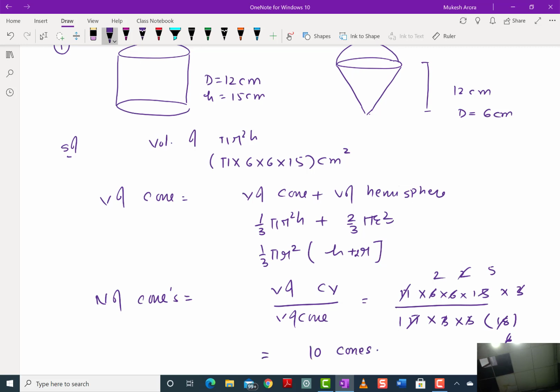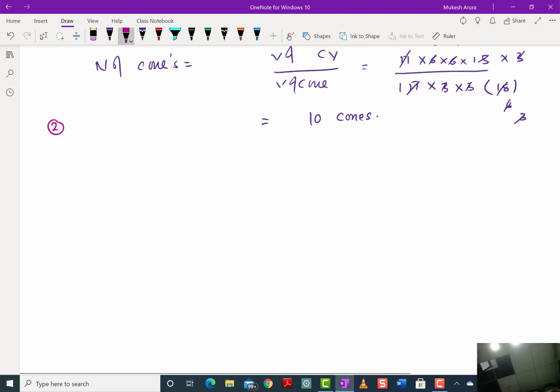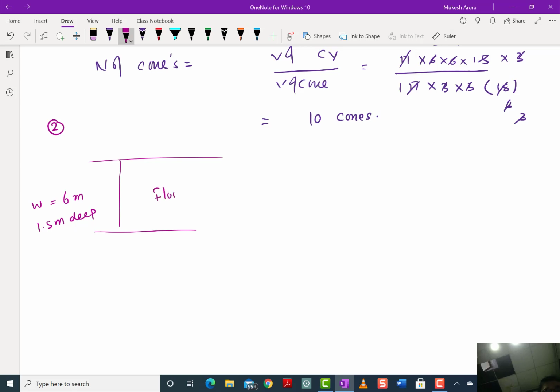Right. Second question is, the water in a canal 6 meter wide. There is a canal which is 6 meter wide, 1.5 meter deep, and the flow of water is 10 kilometer per hour.